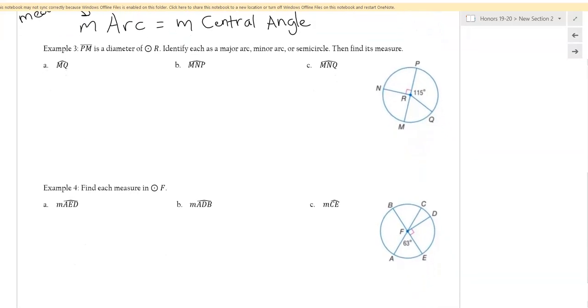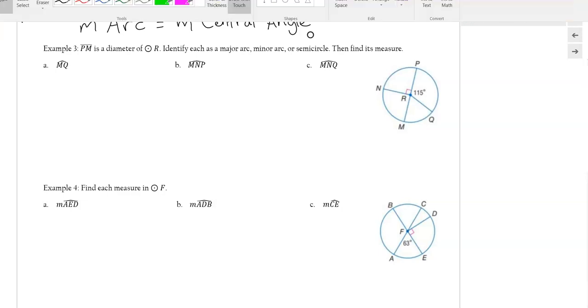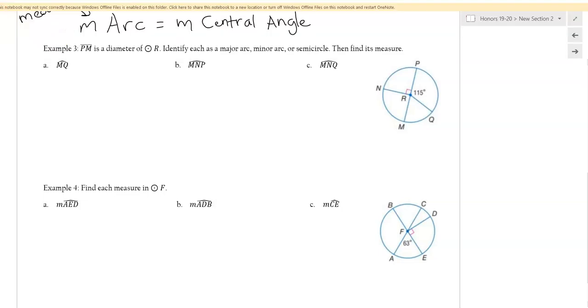So let's look at example 3. Okay. PM is a diameter. Identify each as a major arc, minor arc, or semicircle, then find its measure. So the measure of arc MQ, well, MQ is definitely less than 180 degrees. It's less than half my circle, so it's a minor arc.